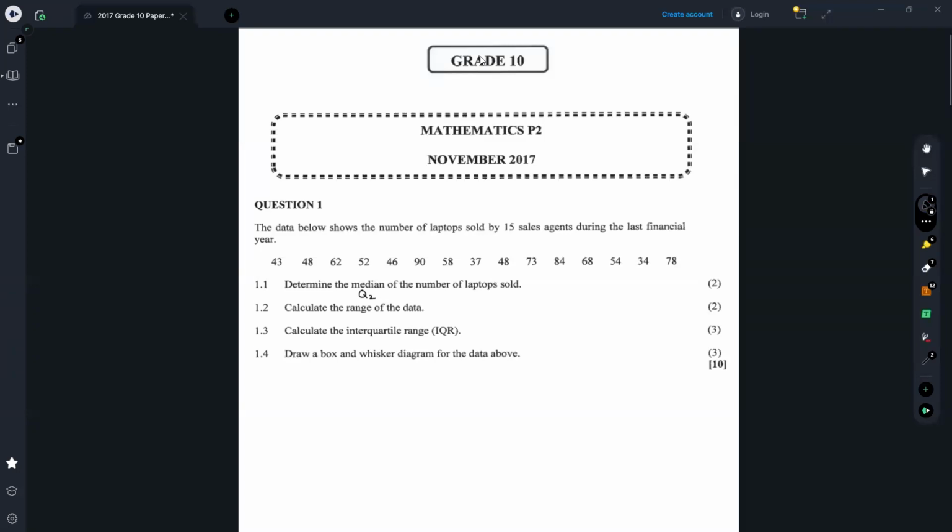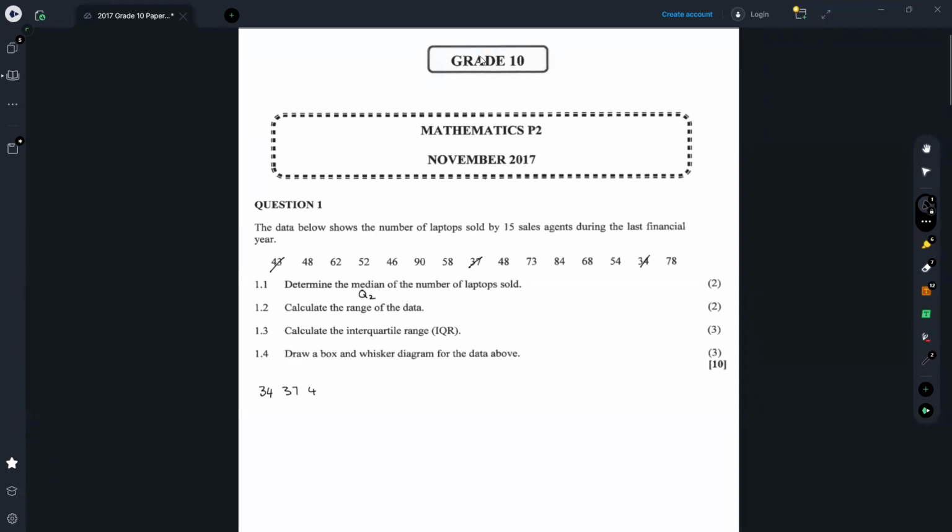We see from the data set here that the first smallest number is 34. So I'm going to start by listing these numbers. I'm going to have 34 first, and then the second smallest number here looks like 37. So I'm going to write 37 after, and then after that, it looks like we have 43.